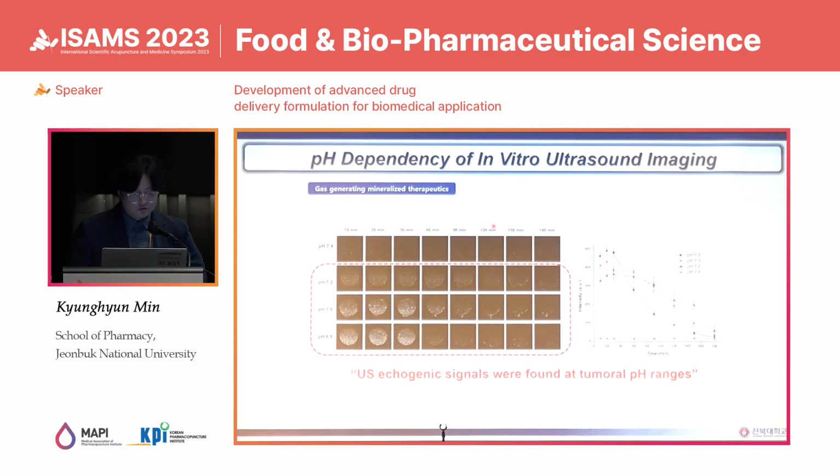This slide shows the pH dependence of in vitro ultrasound imaging. In contrast to the negligible signal at pH 7.4, we found a significantly enhanced ultrasound contrast signal at the tumoral pH of 7.2 to 6.8.